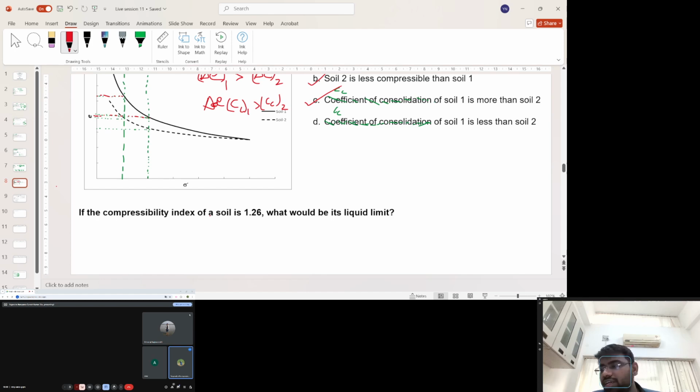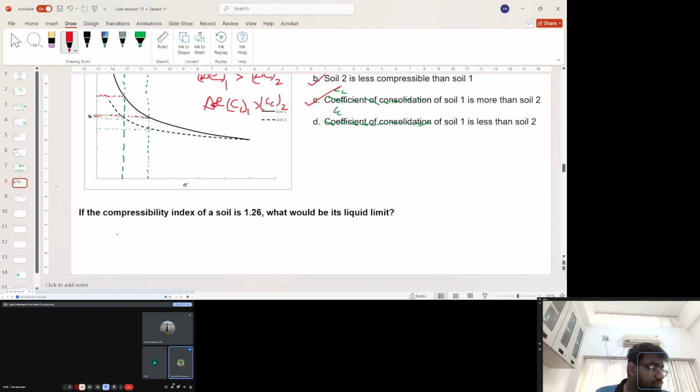If the compressibility index of a soil is 1.26, what will be its liquid limit? There are two common empirical relations. Twenty-four, sir, percentage. 24%.